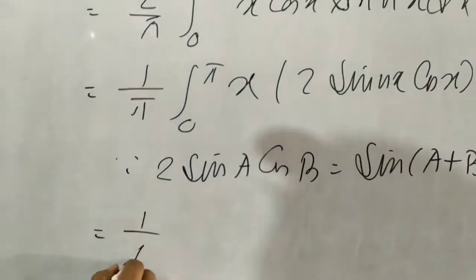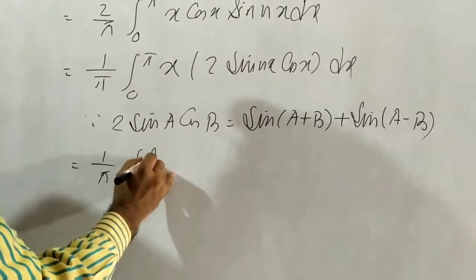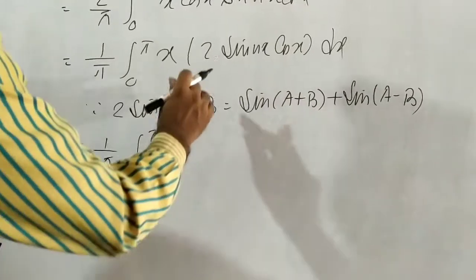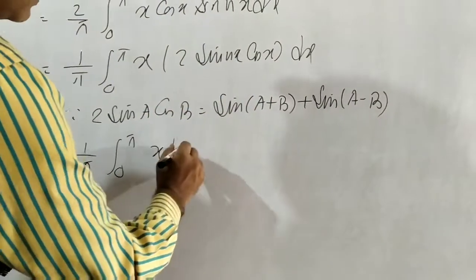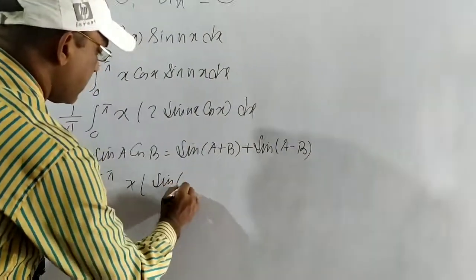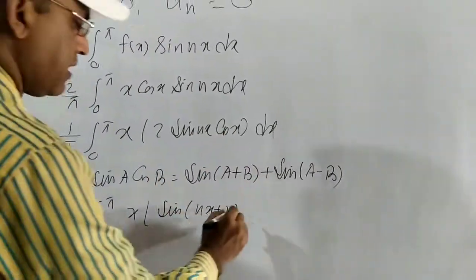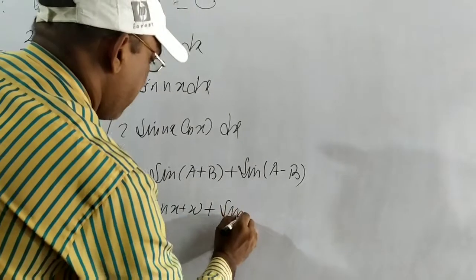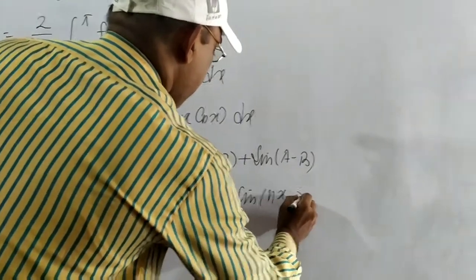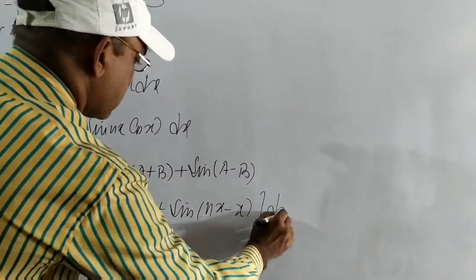So this will be 0 to pi, x. 2 sin a cos b means sin(a plus b), that is nx plus x, where this is a and this is b, plus sin(a minus b), that is nx minus x, dx.